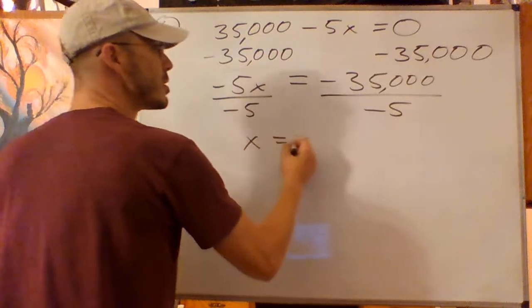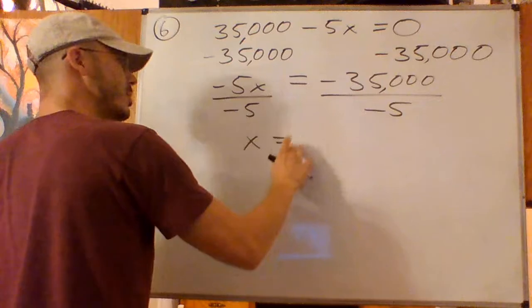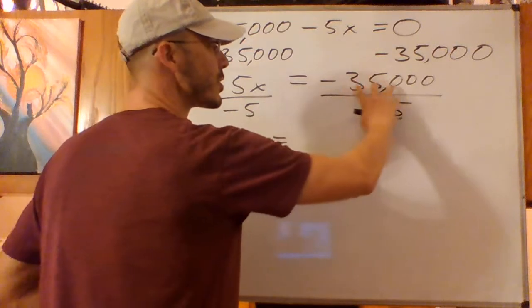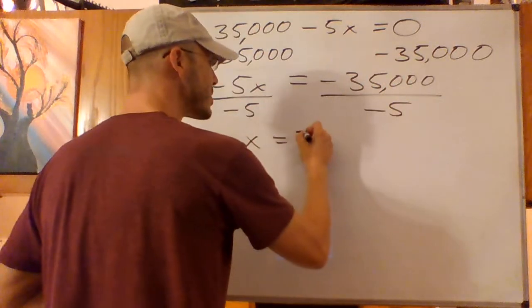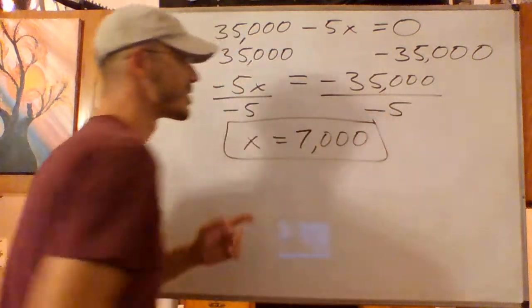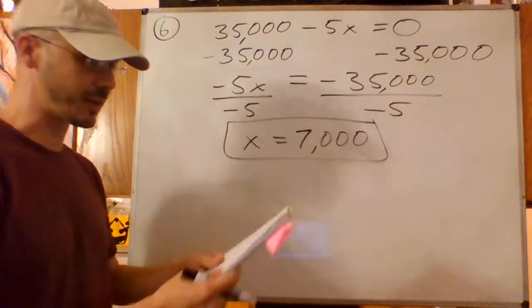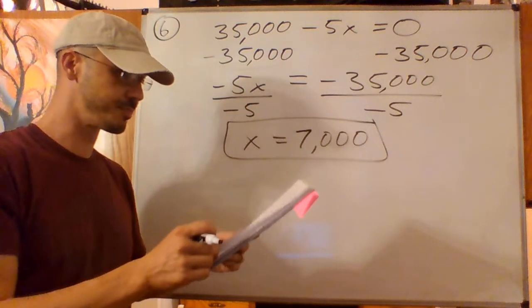So it's x equals negative, and negative cancel. 35,000 divided by 5 is 7,000. 7,000 tickets per hour in this context. But I think all I had to type in was the 7,000.